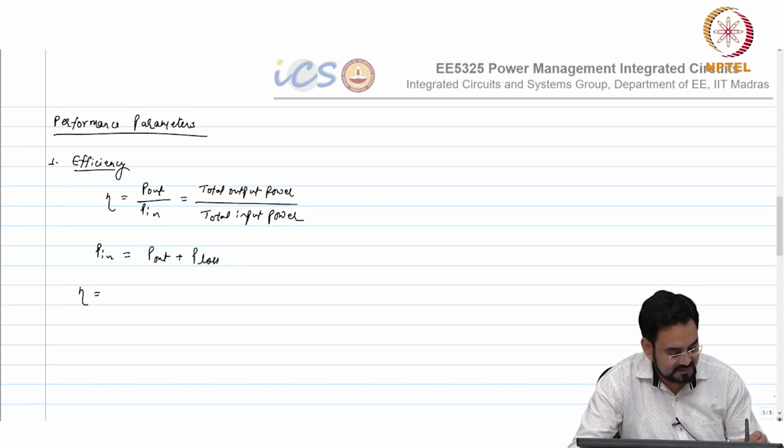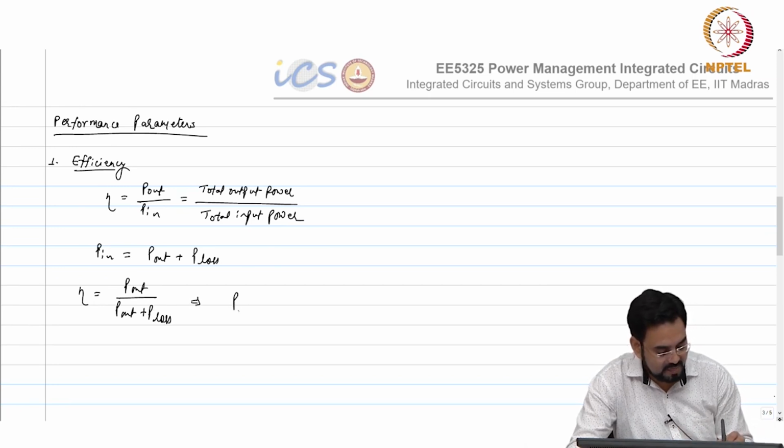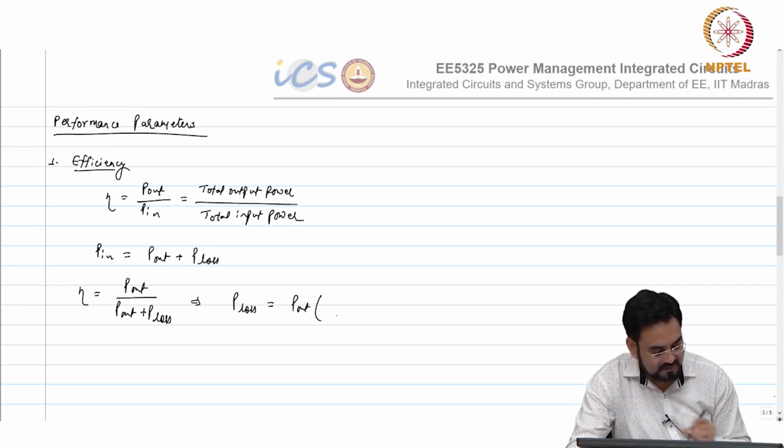I can write this: P out over P in equals eta, which implies P loss equals P out into (1 over eta minus 1).